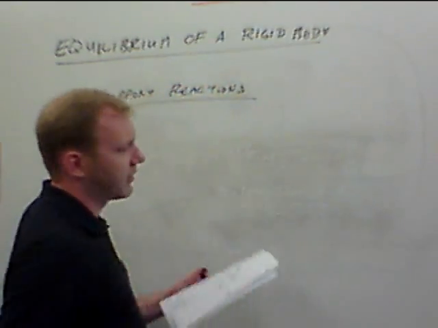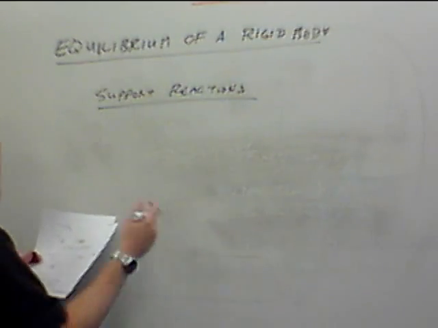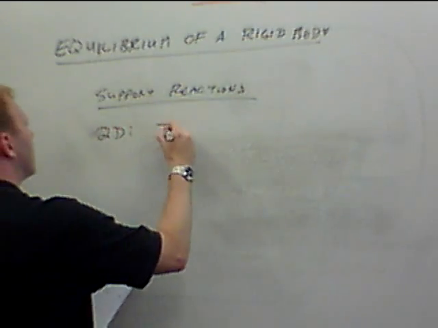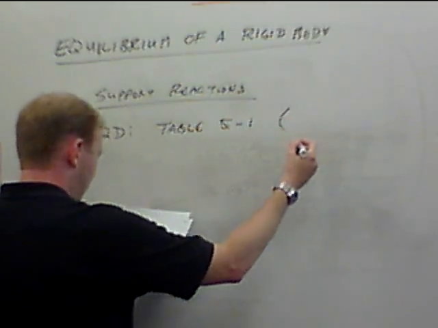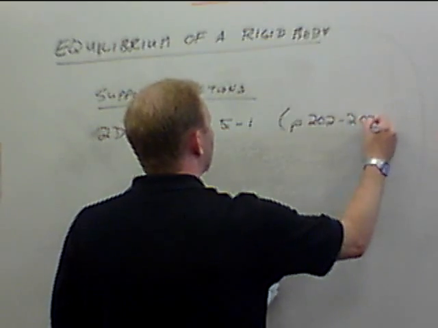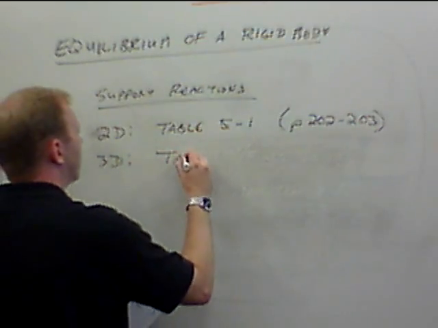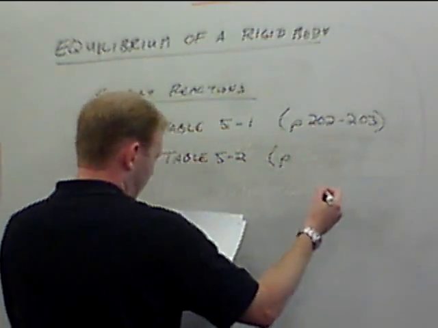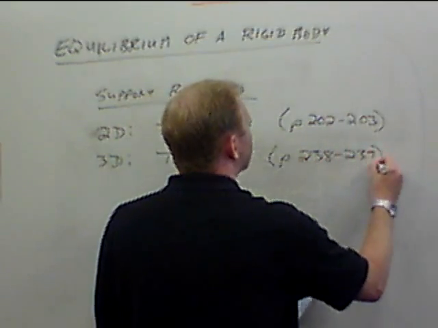A list of very common support forces in 2 dimensions is table 5.1, which is pages 202 to 203. And for 3D, table 5-2, which is page 238 to 239 in the textbook.